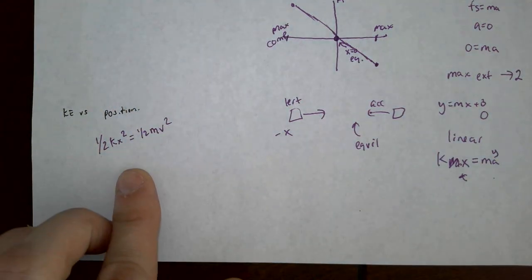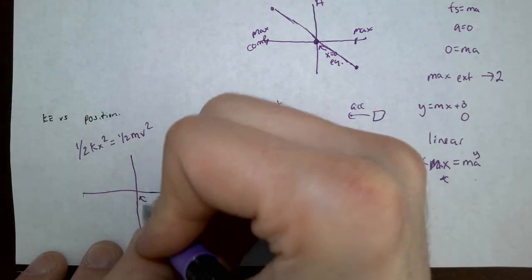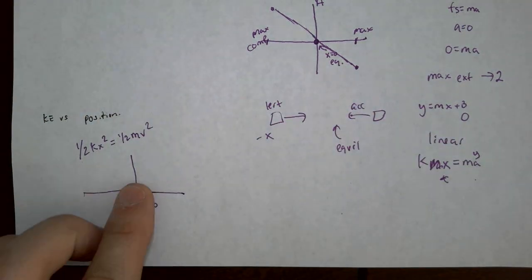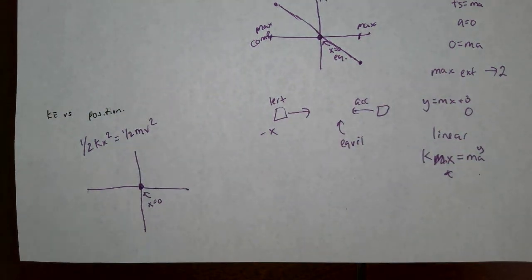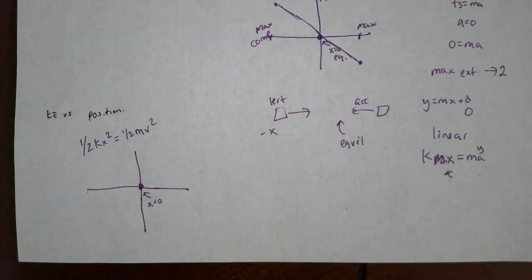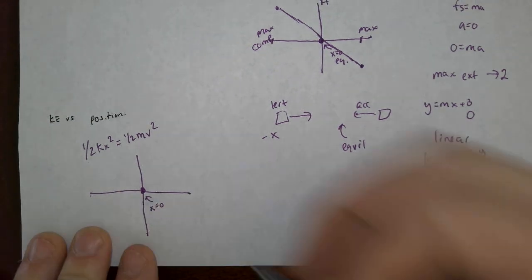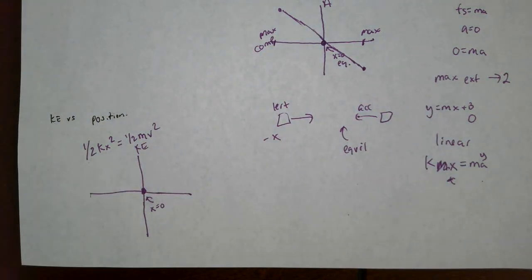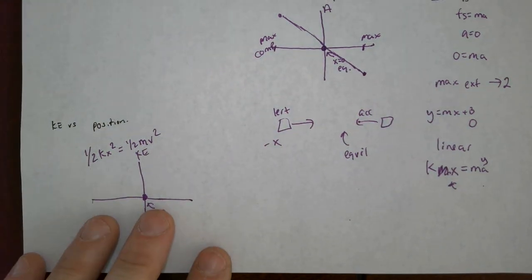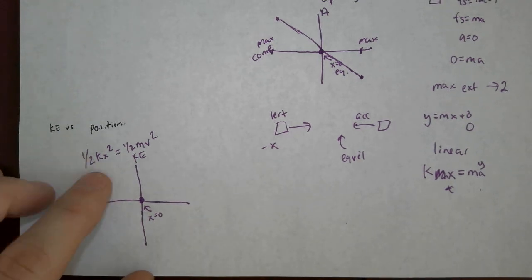I hope we can agree with that. So that means that the further the position is, again, this is x equals 0, we would have no extension here, but that doesn't mean we would have no kinetic energy there. At equilibrium, our kinetic energy is the highest, and that would mean that the elastic potential energy is 0.